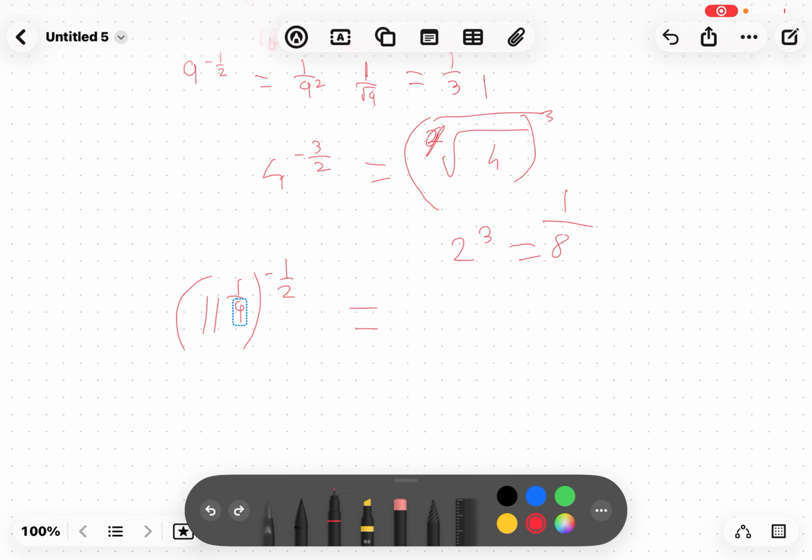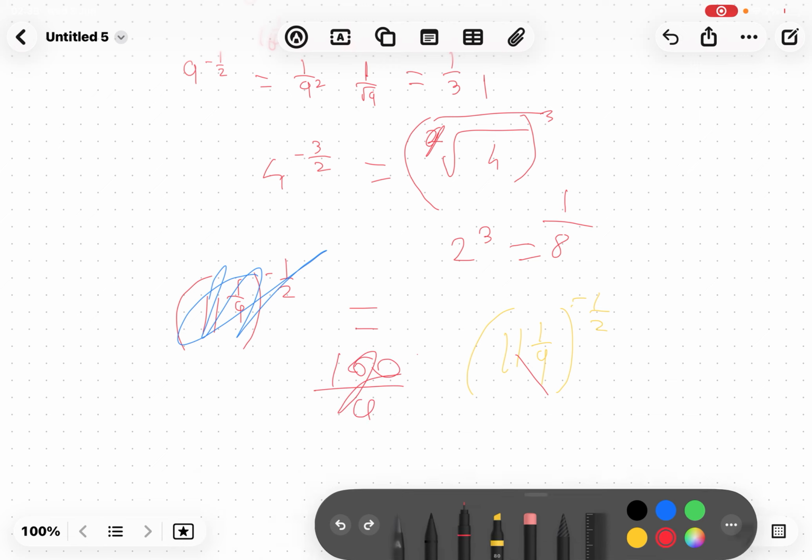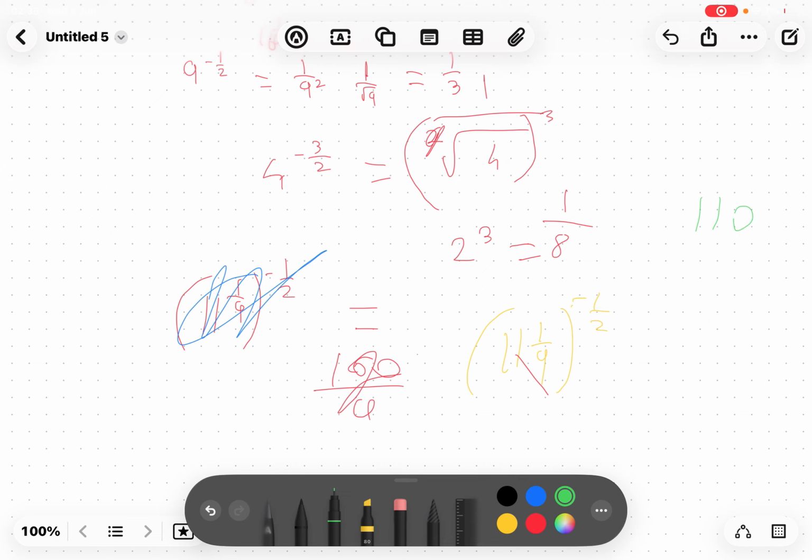So what it was is 11 and 1 over 9, so it's a mixed fraction, and minus 1 over 2. Basically what we do is we times these two with 9, 99 plus 1, so it's going to be 100 over 9, and then minus 1 over 2, and then we do this to make it positive.